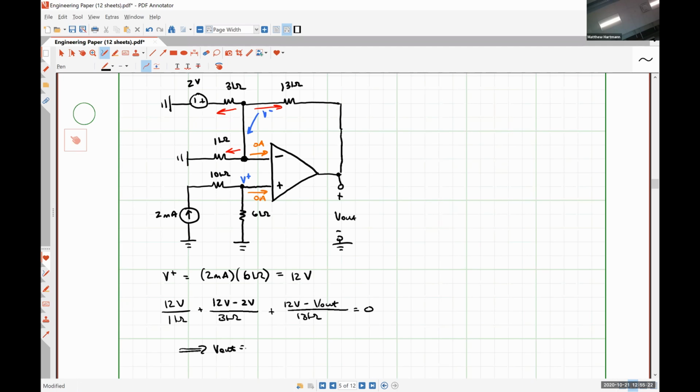So let's see, numerical solver. Come on, calculator, this isn't that hard.